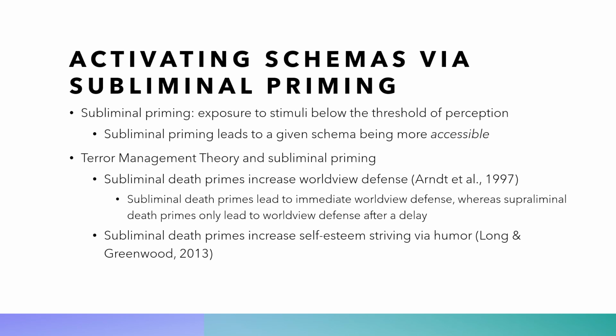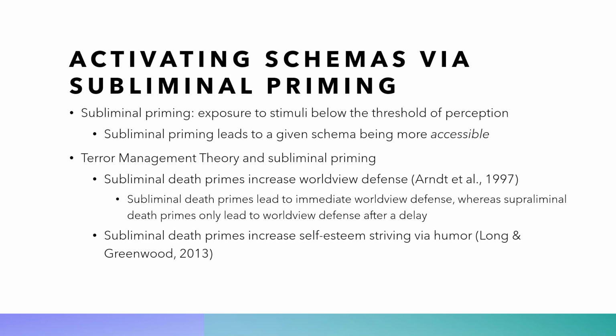So far, we have talked about how people have been primed through being asked to write about different things, through being given feedback, through reading positive and or negative or reckless words. So now we're going to touch on subliminal priming, which is basically exposure to stimuli below the threshold of perception.